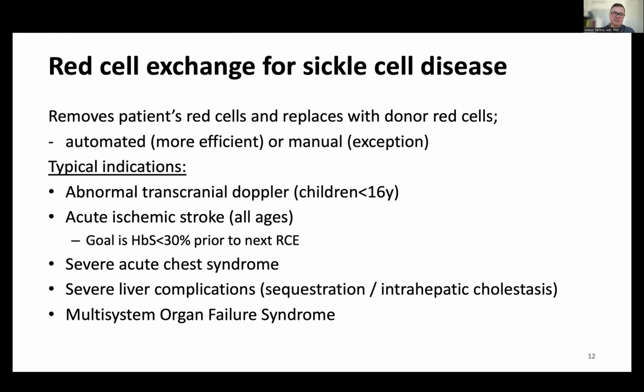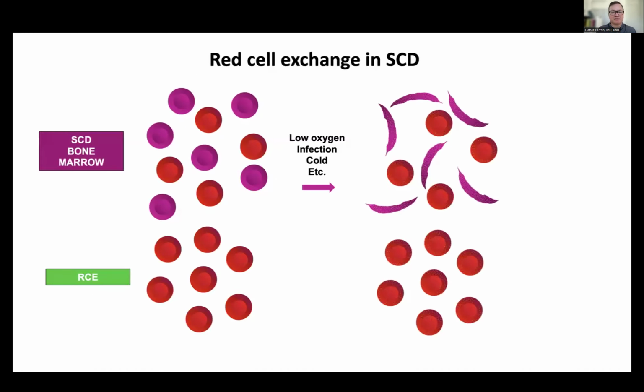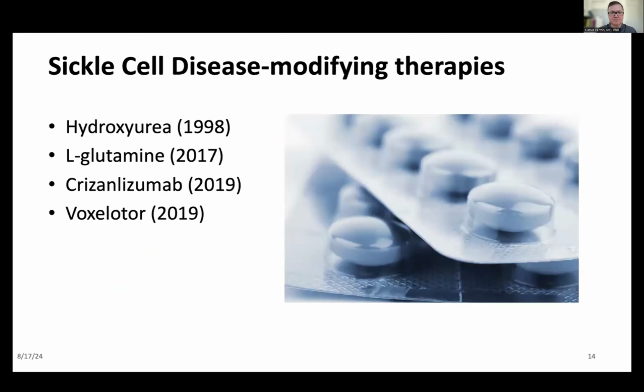Most of the time, we use red cell exchanges for patients with brain complications, so abnormal TCD, stroke, sometimes acute chest syndrome or liver complications, and obviously very severe cases of multi-organ failure. Red cell exchanges will also dilute the sickle red cells, but will also remove some, so you get a better mix of normal red cells and sickling red cells. So it's better than simple transfusion in most cases.